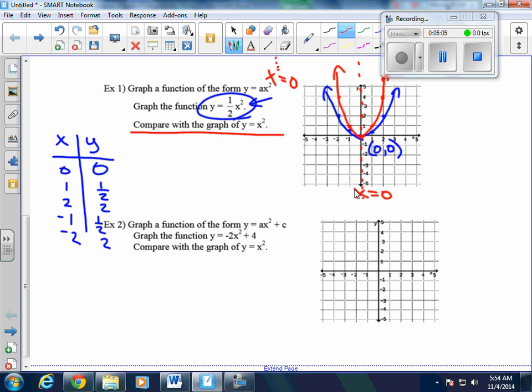They have the same vertex. The only difference between these two graphs is that the graph that we drew, y equals 1/2 x squared, has a graph that is wider than the parent function.